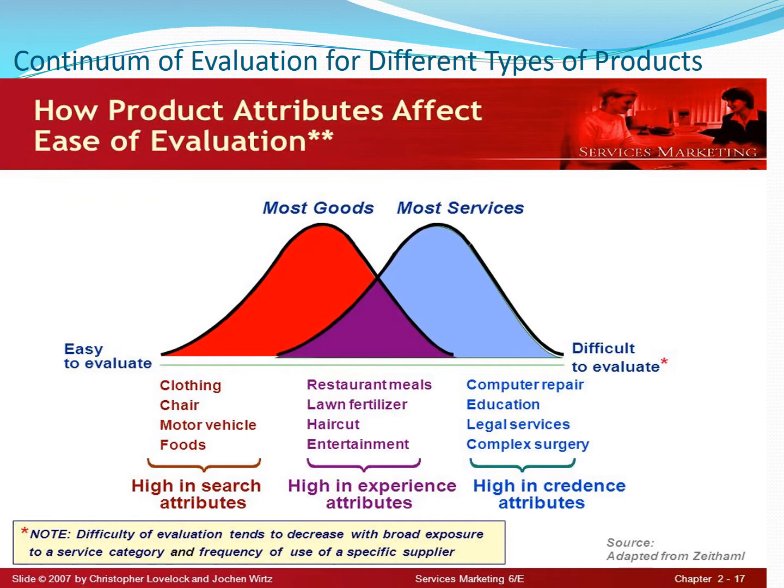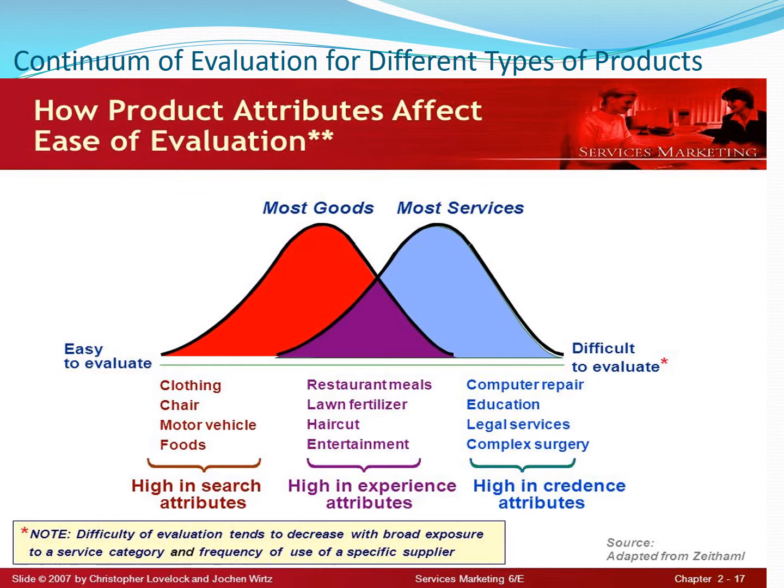For clothing, I can evaluate which color I want, the material quality, the price, and so many things. Even when you purchase a chair, a motorbike, or ready-made foods. We can evaluate products like this at different points on that continuum.